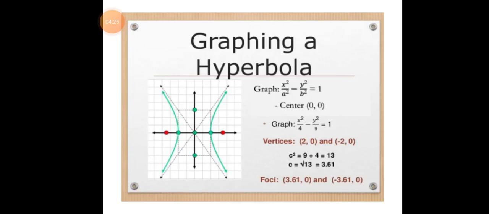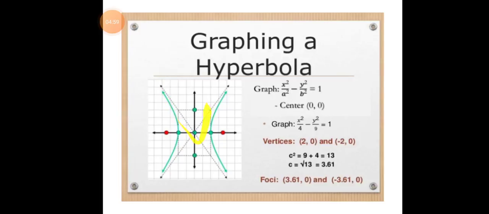Then graphing a hyperbola. We need to graph x squared over a squared minus y squared over b squared equals 1. So the center is 0, 0. Then graph x squared over 4 minus y squared over 9 equals 1. So the vertices are 2, 0 and negative 2, 0.